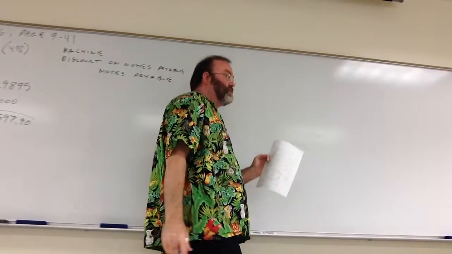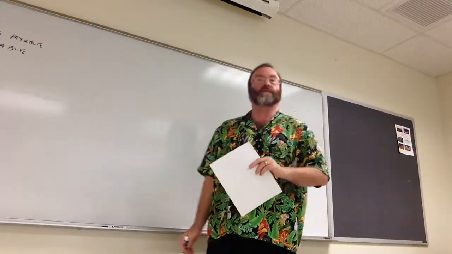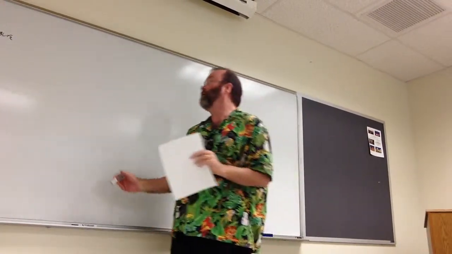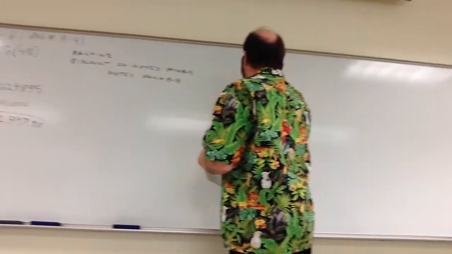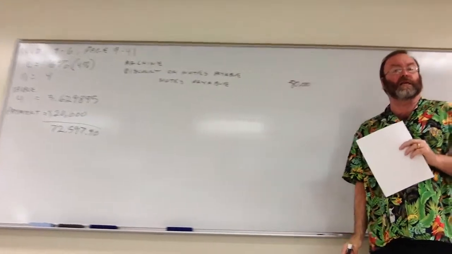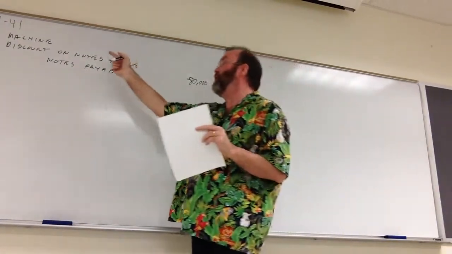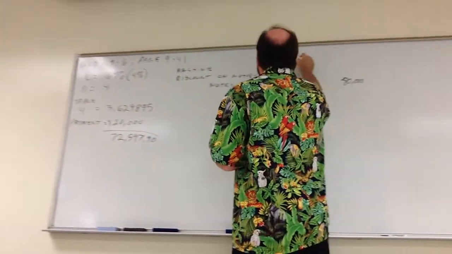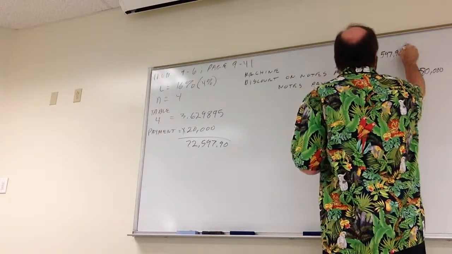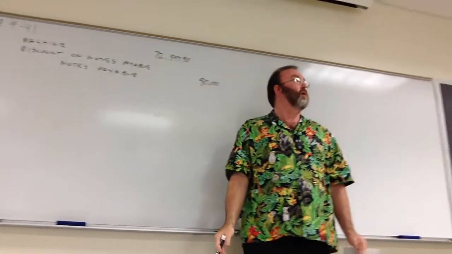So what's the total face value of the note that we're signing? 725? No, that's the present value. What's the face value? $80,000, the 4 payments at $20,000 each. The present value is the $72,597.90, which is really what we bought the machine for.